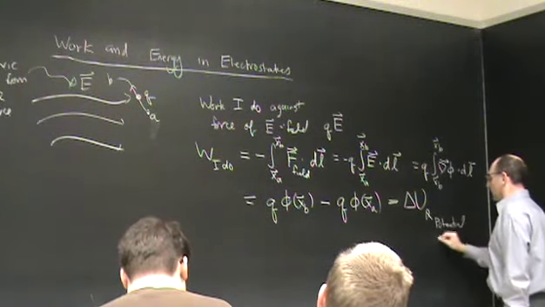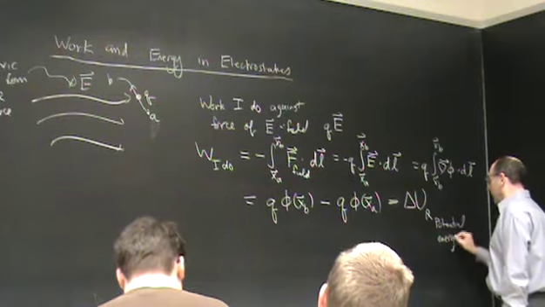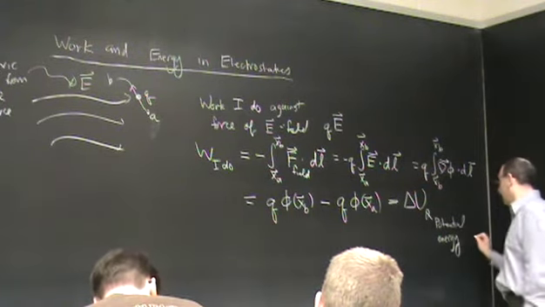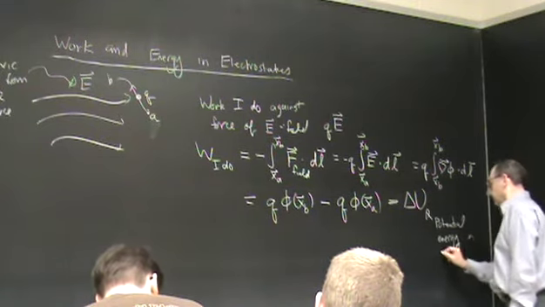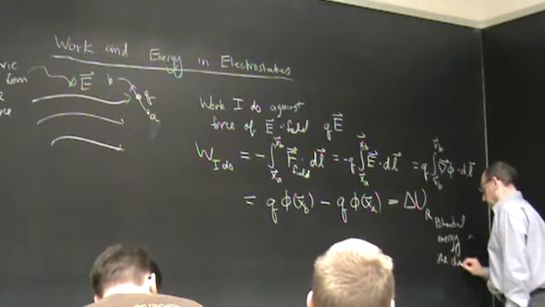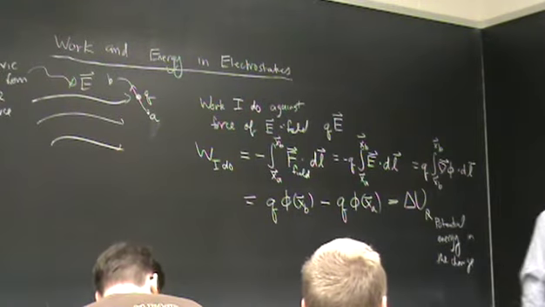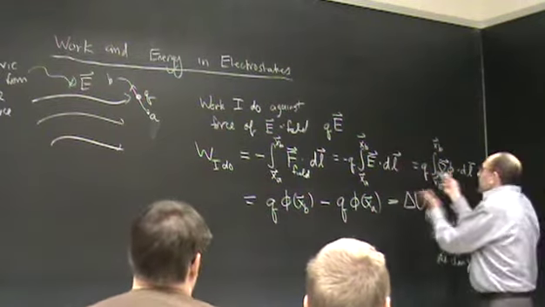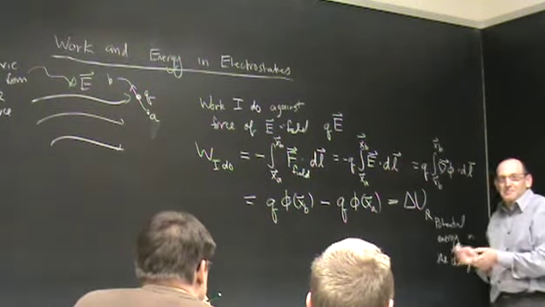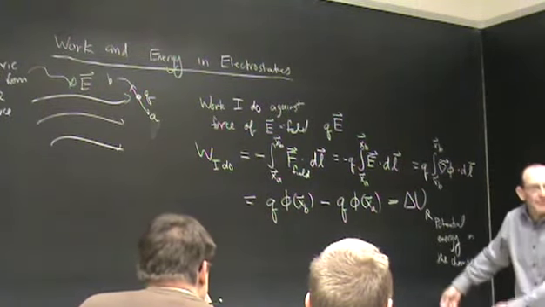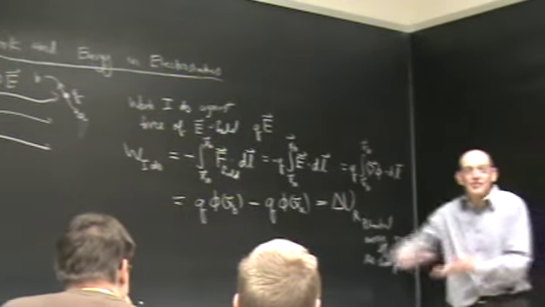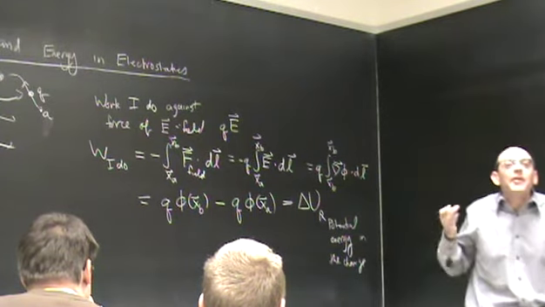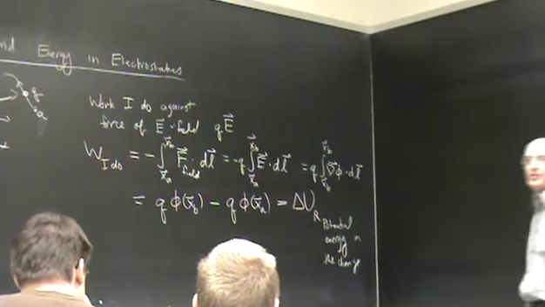The work I do moving this thing uphill is the potential energy in the charge. So that's why we define this as minus the gradient, because we want the potential energy to be positive when I do work against the force. That's where that minus the gradient comes from.